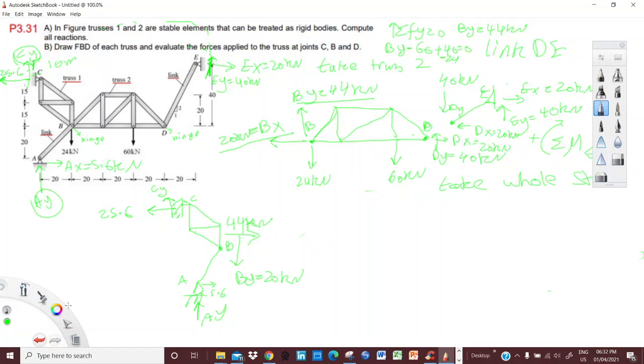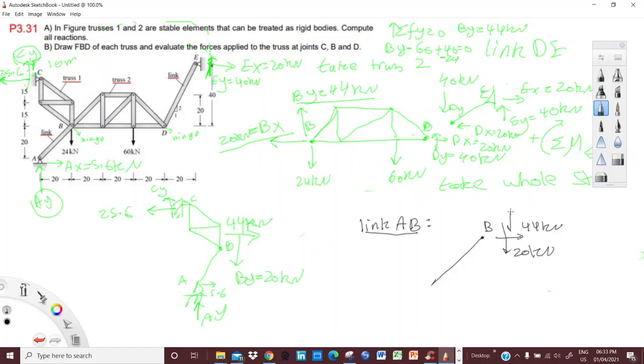Okay, I will go with link AB. So there we go. Here you have B, here you have 44 kilonewton, and here you have downward force of By, let's say 20 kilonewton.